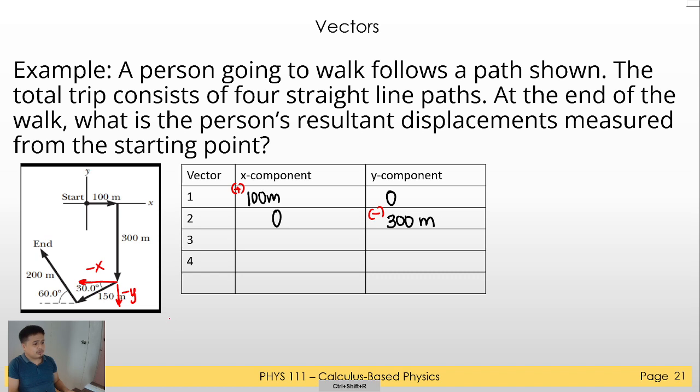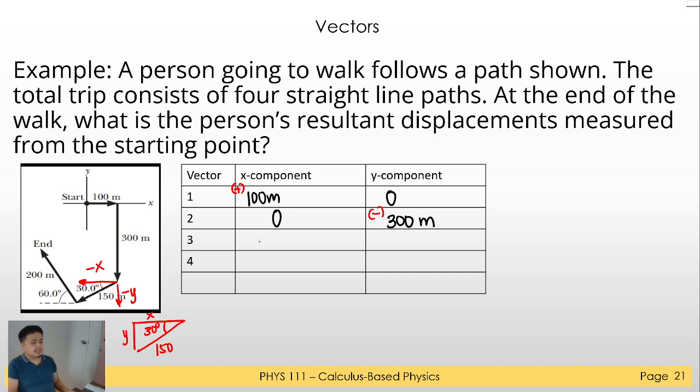So how do we compute this? We have here a triangle, 30 degrees, with a given 150. We want to solve for its y component and its x component. Using trigonometric identities, we solve for x and y.